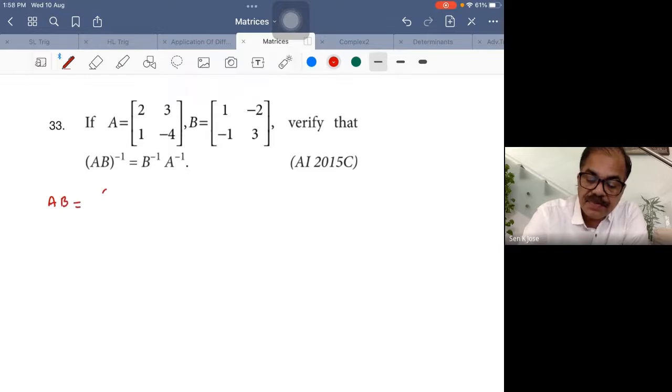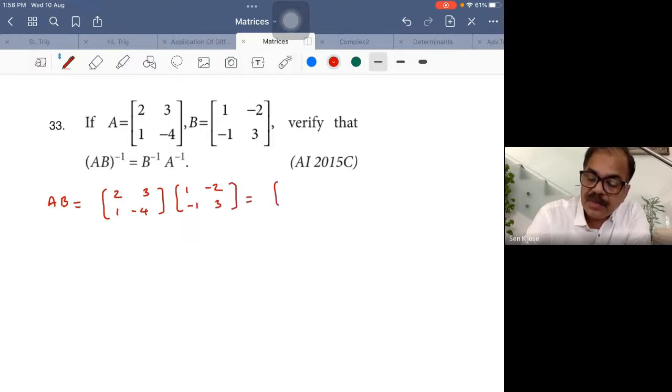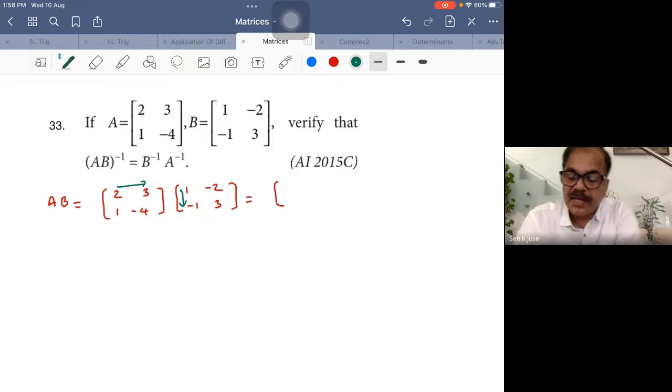A into B. A into B is 2, 3, 1, minus 4 into B, which is 1, minus 2, minus 1 and 3. And you multiply them. When you multiply, the row goes with the column. So let's multiply. It's going to be 2 into 1 is 2, minus 3.